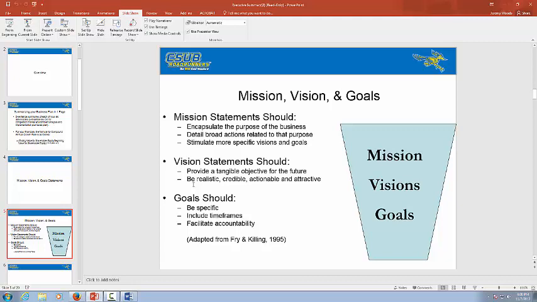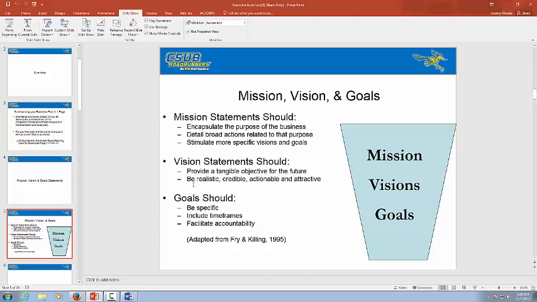And then finally, goals should be specific, include timeframes, and facilitate accountability. So you want your goals to have specific numbers attached to them, like we are going to achieve $100,000 in revenues by the end of year 2 of operations.